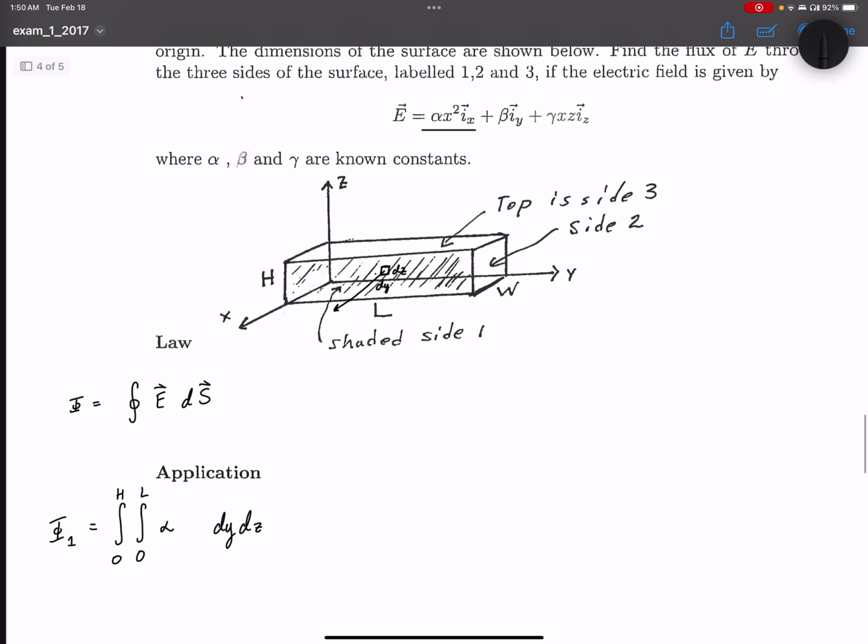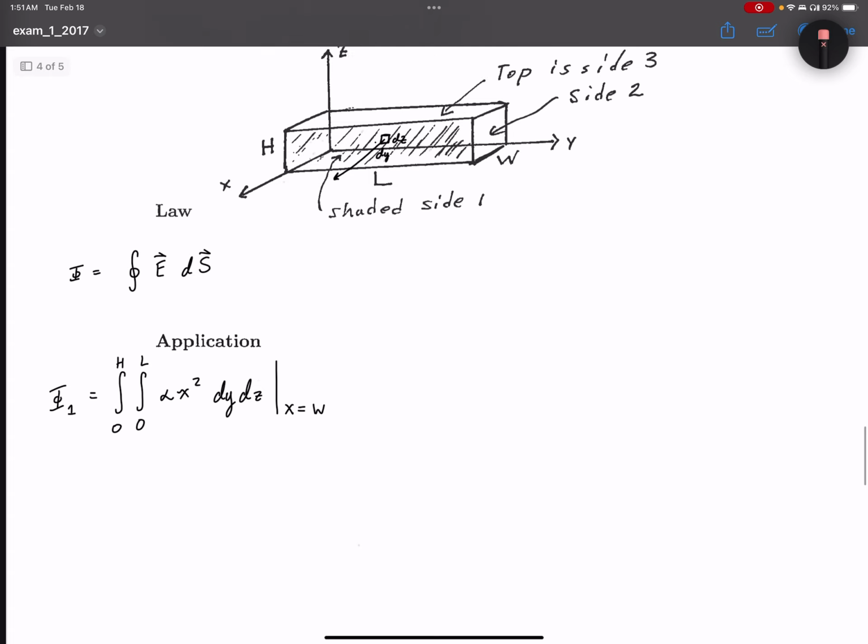So we put alpha x squared here. And then one last thing we need to do is evaluate this when x equals w, because this side of the rectangular prism is at x equals w.